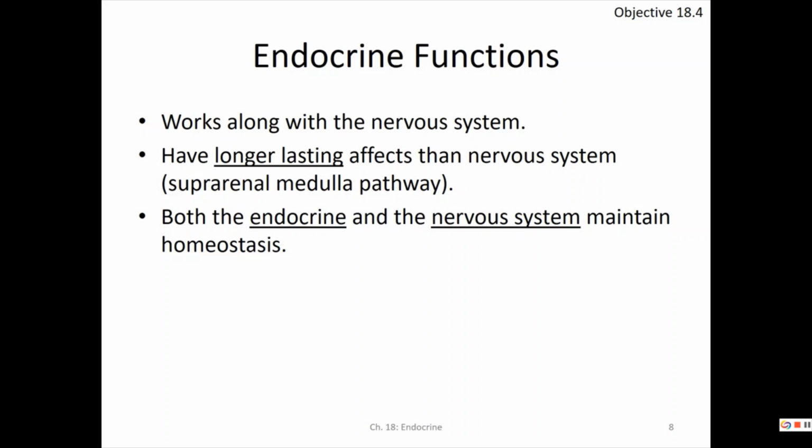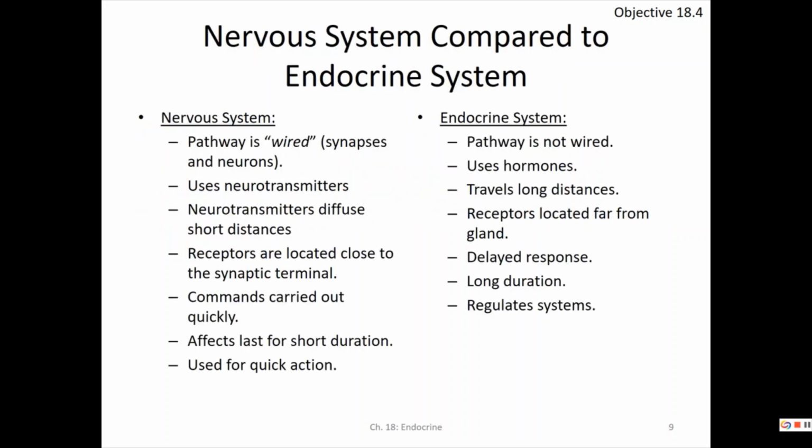Endocrine and nervous system both control the body, so it works alongside the nervous system. Slow and steady wins the race. If we look at these, you will see the nervous system and the endocrine system are incredibly different, and yet both control the body.